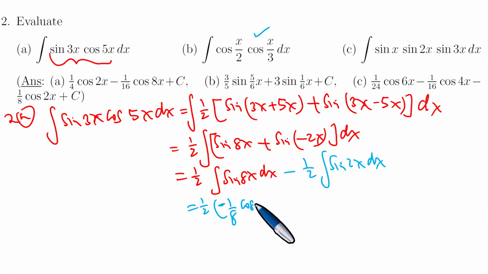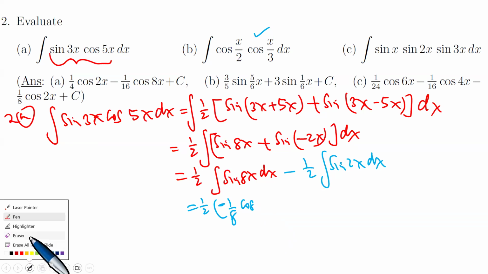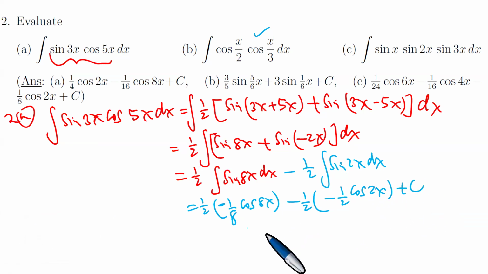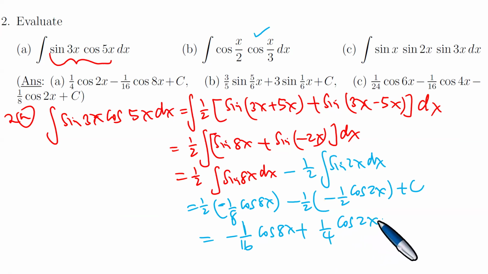Is negative cosine of 8x. So this is negative cosine of 8x and then minus 1/2. This one is negative 1/2 cosine of double x plus c, minus 1 over 16 cosine of 8x, which is cosine of 2x.